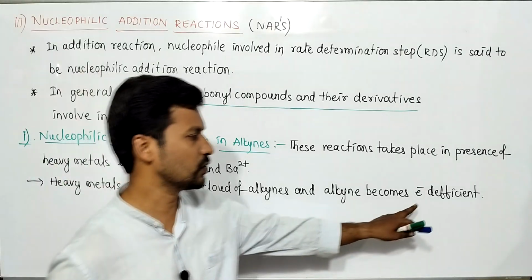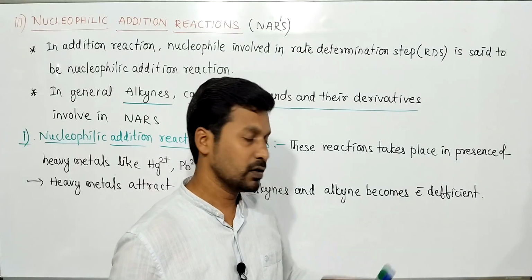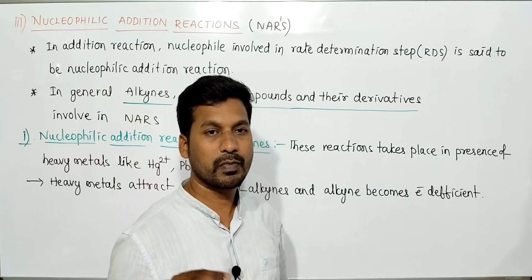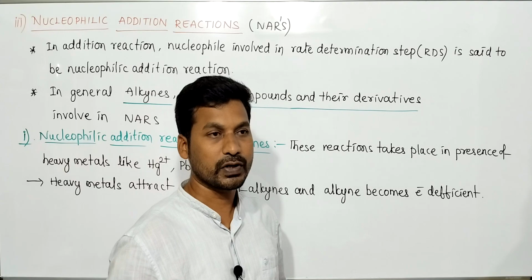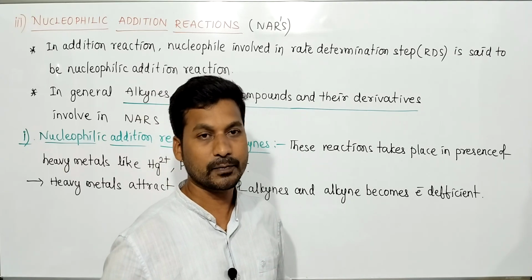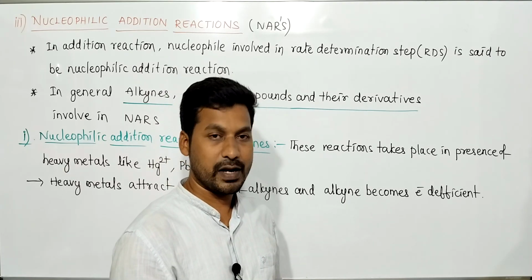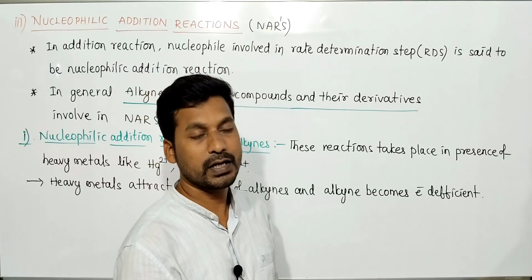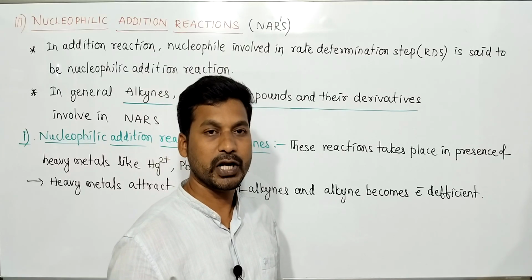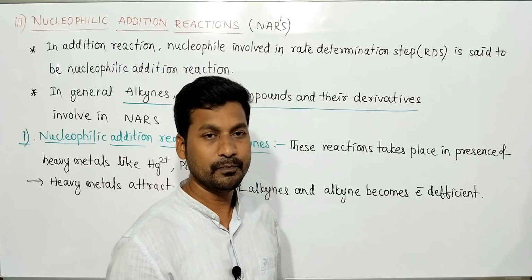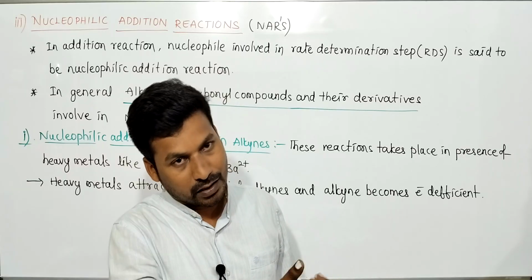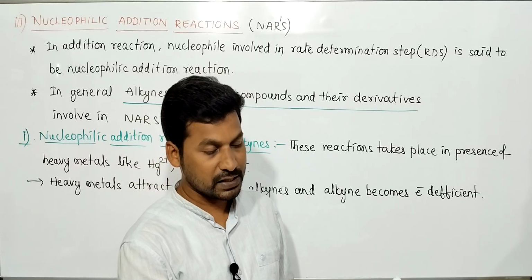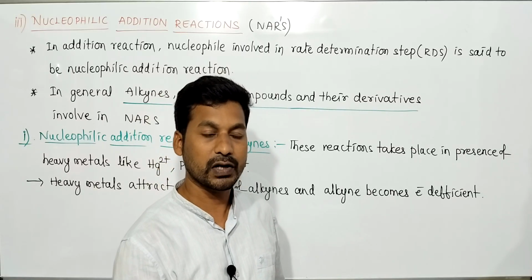Electron deficient means electrophile. Generally, whenever a carbon-carbon triple bond is there, it acts as a nucleophile, and nucleophilic addition does not take place. But when the alkyne is treated with heavy metals like mercury, lead or barium, these heavy metals pull the electron cloud towards them, and the alkyne becomes electron deficient, an electrophile.